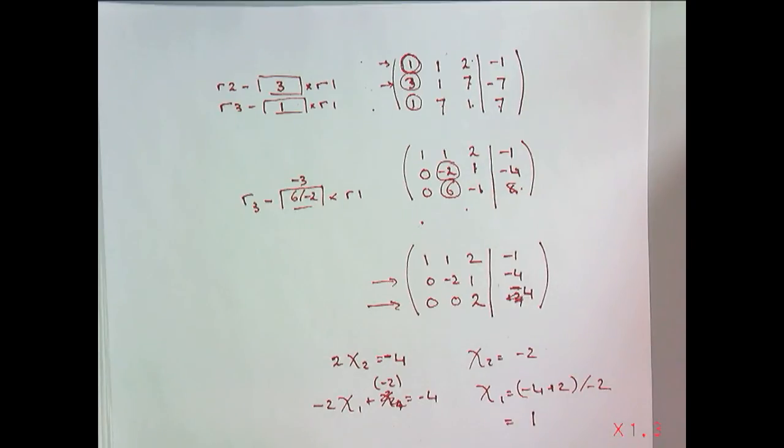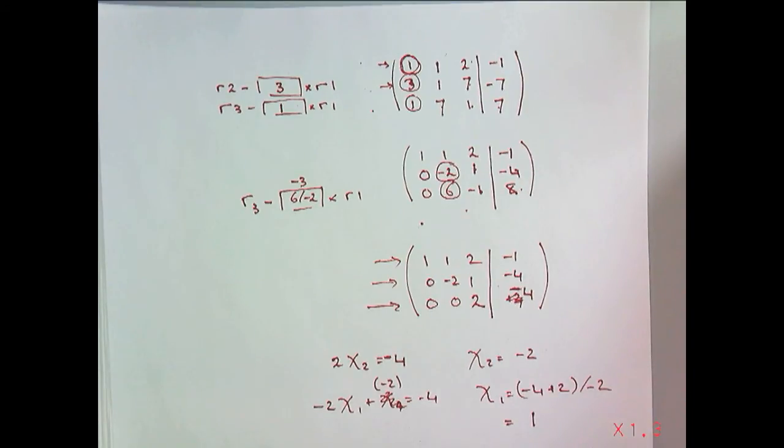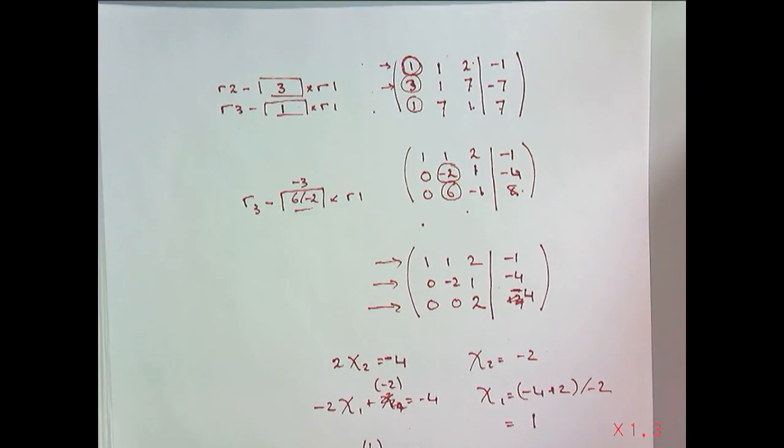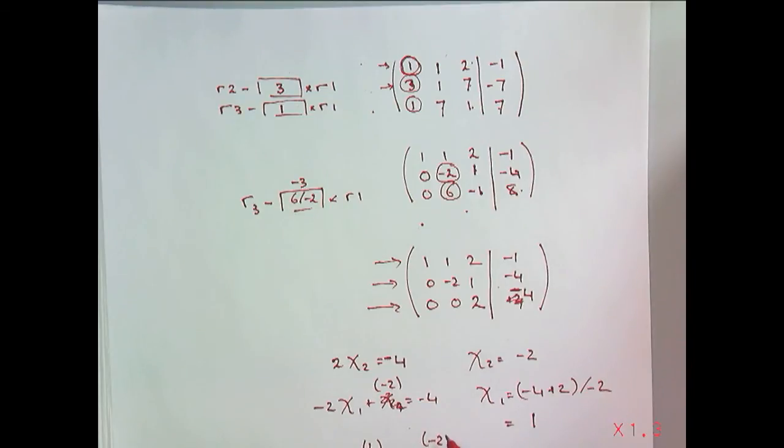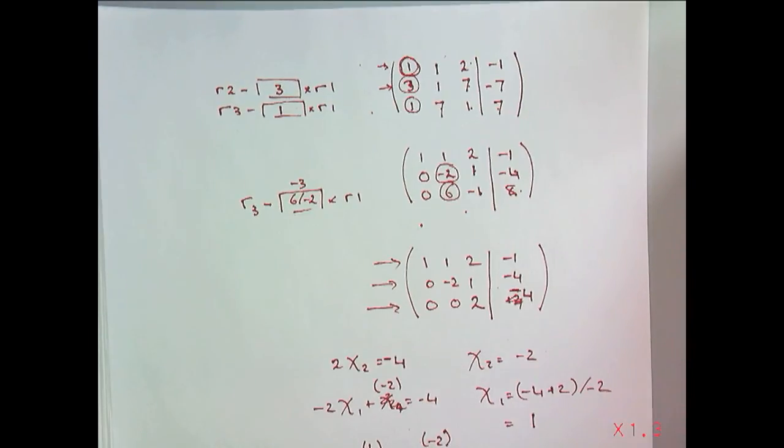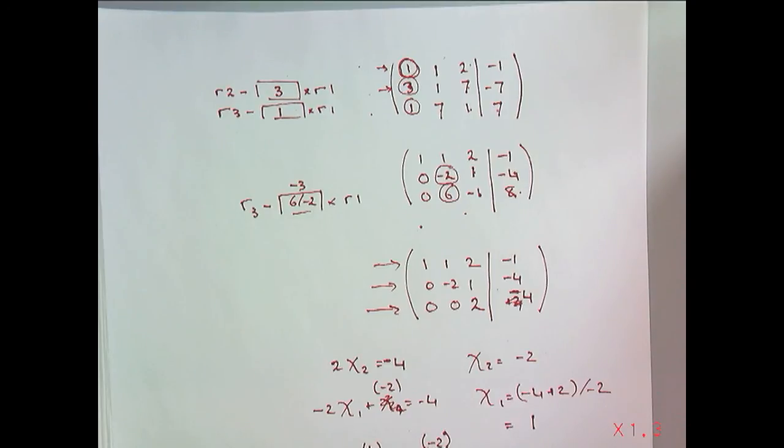And then finally we get that this first row represents chi0 plus chi1 plus 2 times chi2 is equal to minus 1. And we know that chi1 is equal to 1, and we know that chi2 is equal to minus 2, and therefore we get that chi0 is equal to minus 1 plus 4, which is equal to 2.